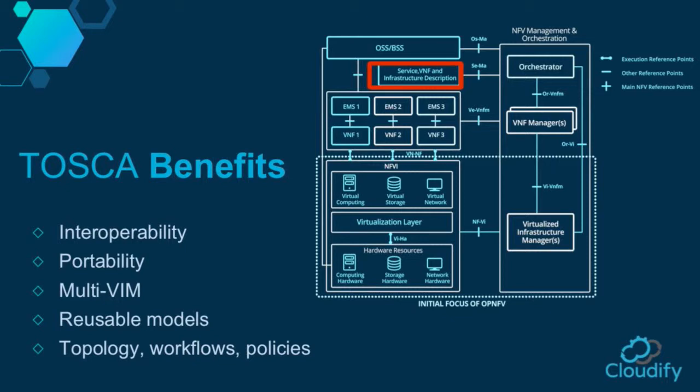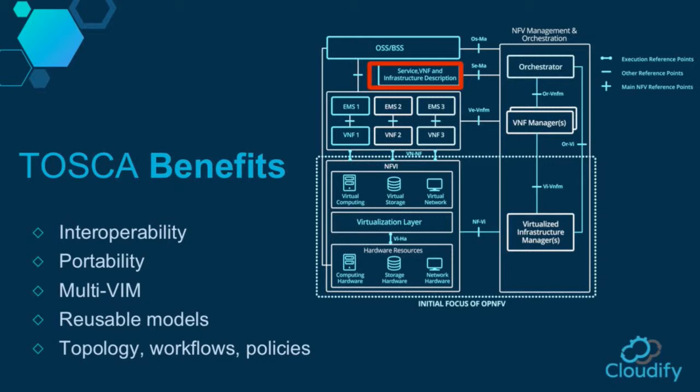So really, you don't necessarily need to know where the application is going to run. And this is a major advantage, which also enables the next benefit, which is a multi-VIM environment. So the same model, because the model abstracts the underlying environment, can run on top of any NFVI, any VIM, any architecture, really. It means it's also reusable.